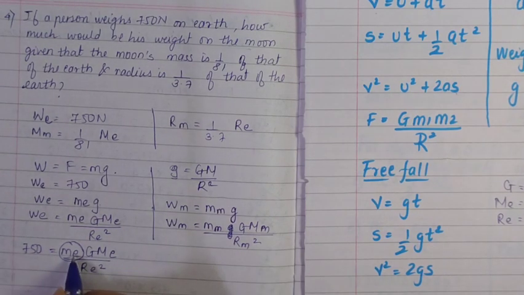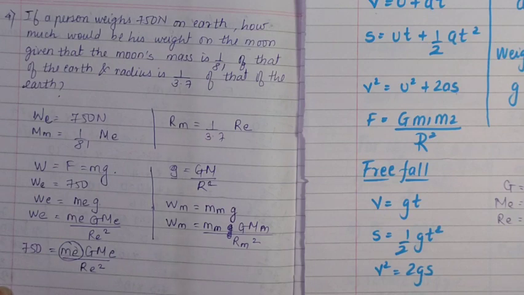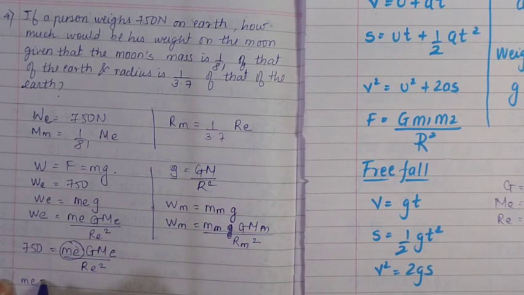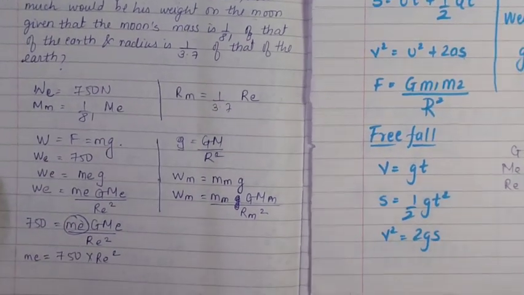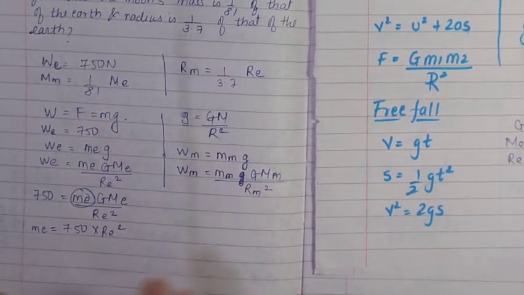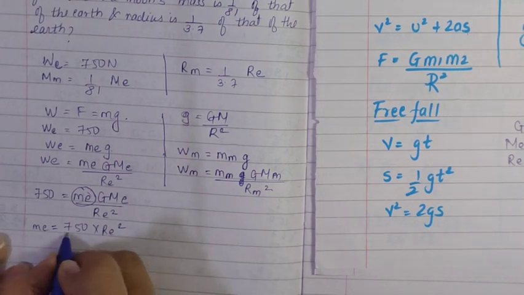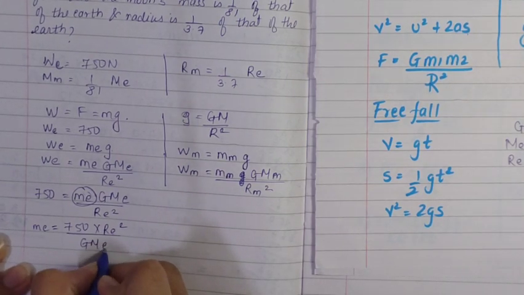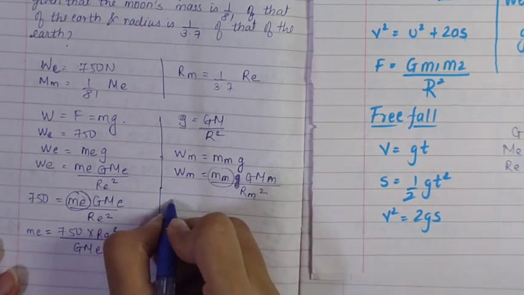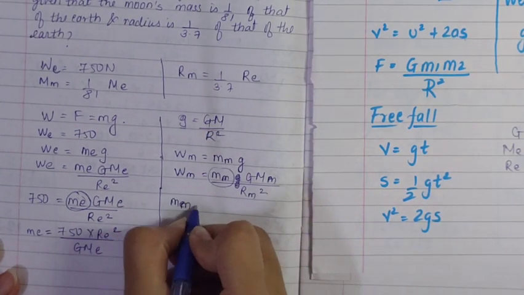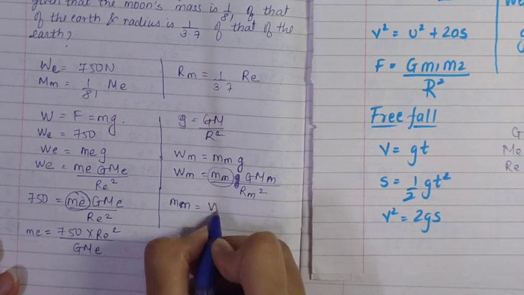So I am going to bring this in terms of mass. M E is equal to 750 into R E square upon G M E. Similarly, I am going to write this also in terms of M M. What is this?